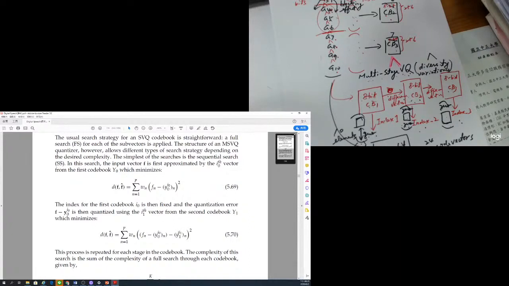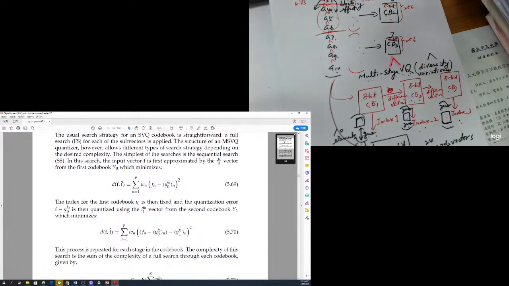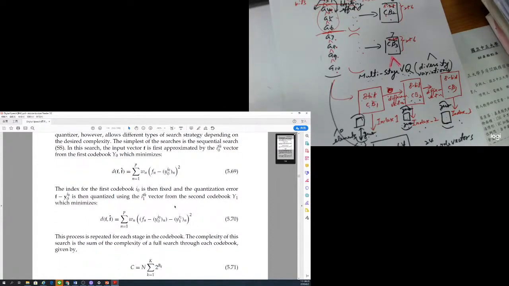However, how to do the search? The best search, sometimes we can say, is sequential. First we find the best match and come out with the difference, then the difference vector does the second search, finds the best match, and also finds the difference vector and does the search again. This one is sequential.